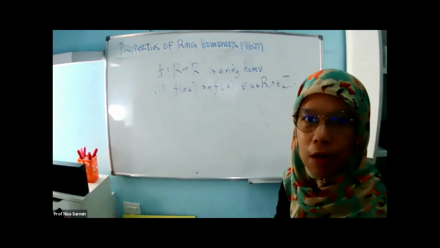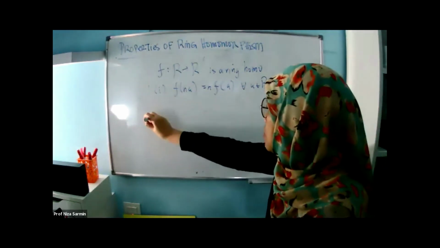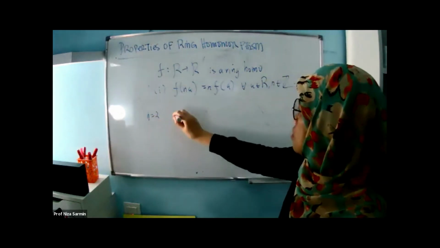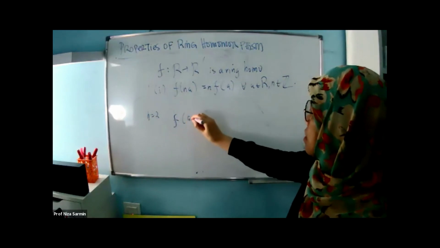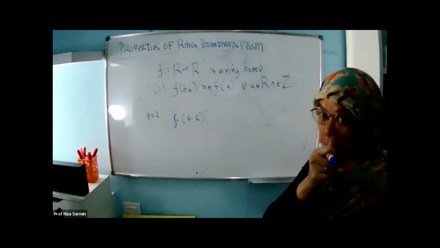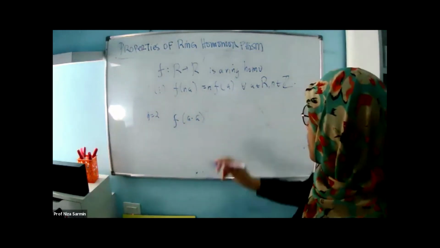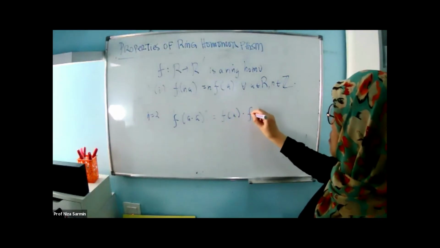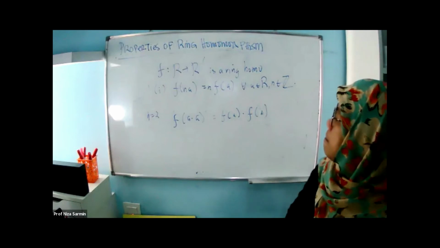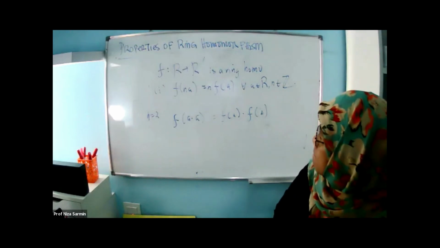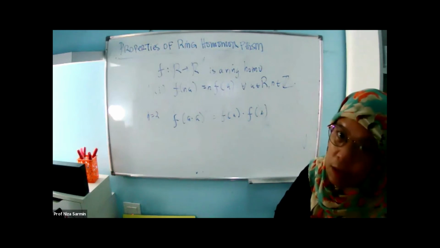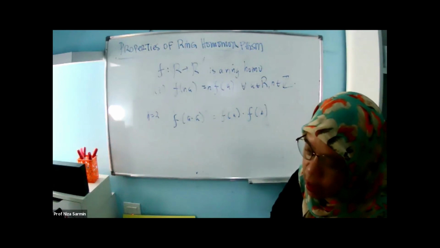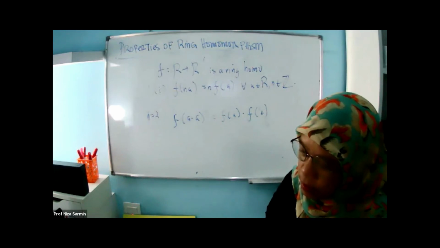You see, if n is 2, so you will have like this, right? Which is two of this, or adding to this, a ring homomorphism.